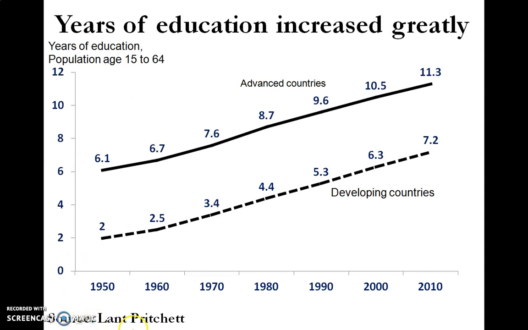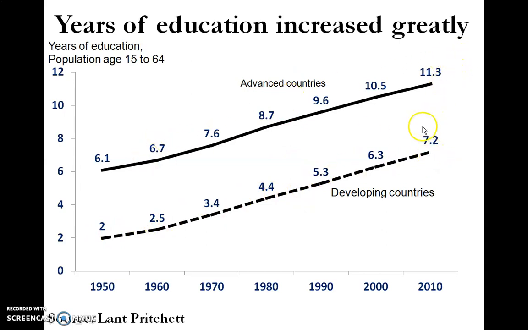If you are looking at, for example, years of education, if you look at how it has increased over time from the 1950s to the 2010s, you can see, irrespective whether you're in an advanced country or a developing country, years of education has increased greatly.